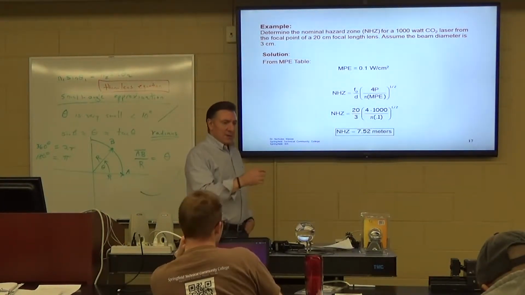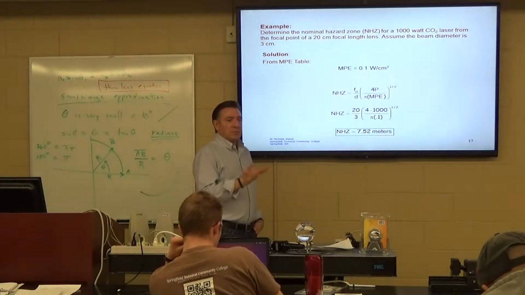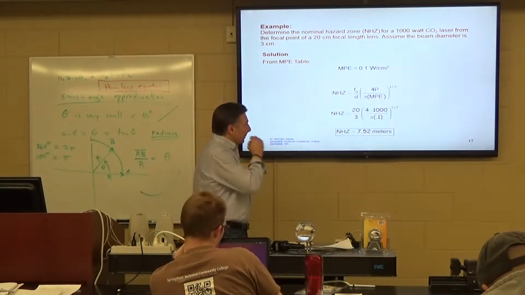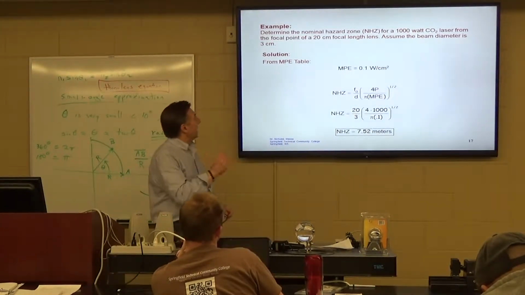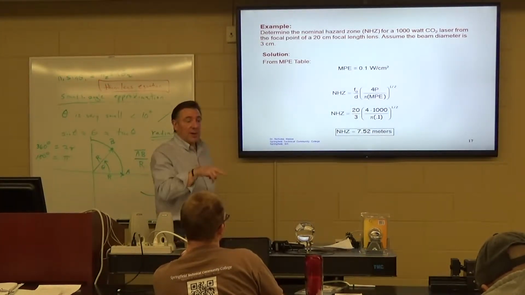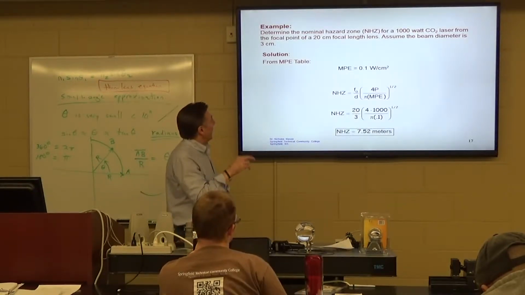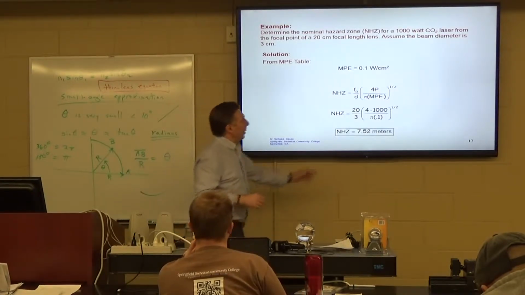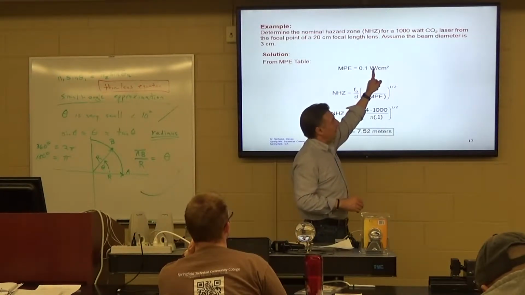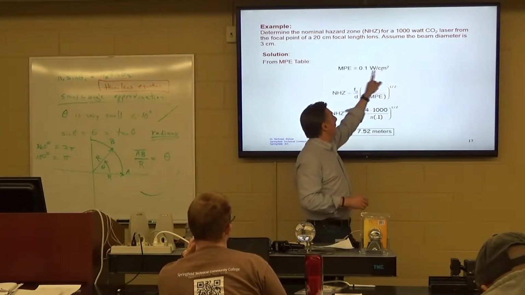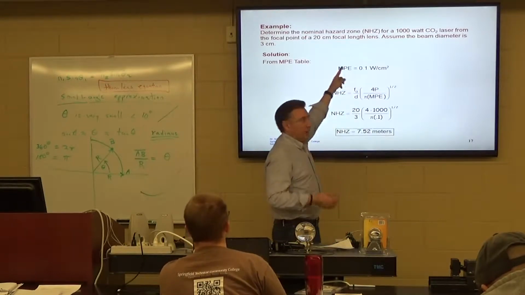These are reasonable, typical numbers. From the maximum permissible exposure table for carbon dioxide, which is an infrared laser, the MPE listed is 0.1 watts per square centimeter. So we know the MPE, you just look it up on a table.